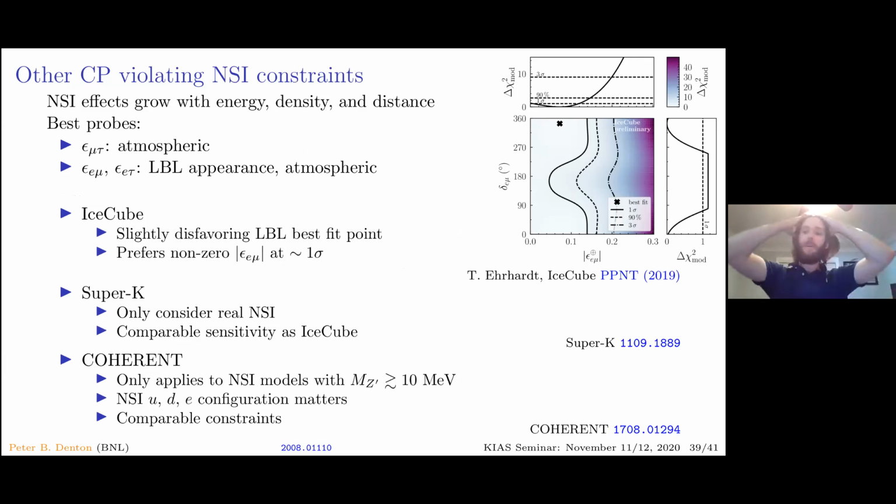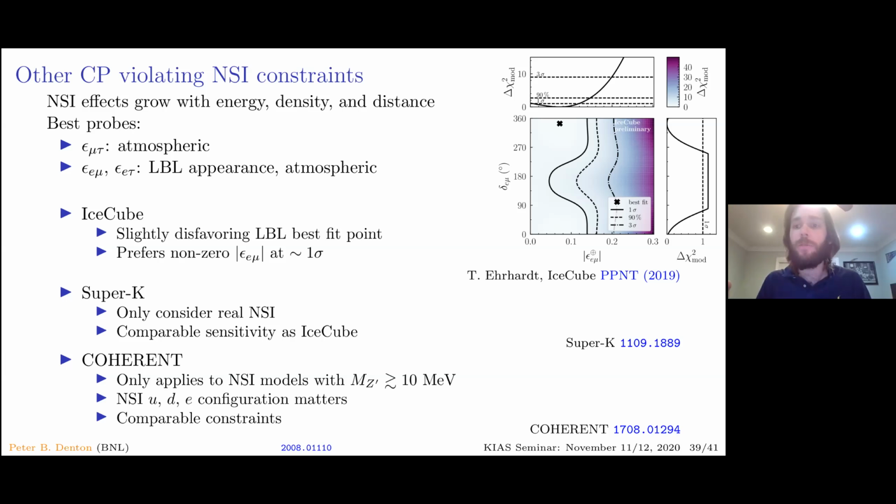Now that we have the numbers and we see what kind of values we want, we have to check, is this compatible with other constraints? So since the effective NSI grows with energy and distance and density, we want things with a lot of those things.